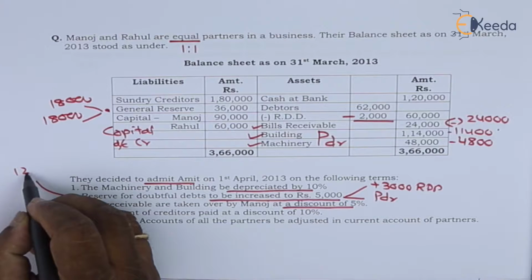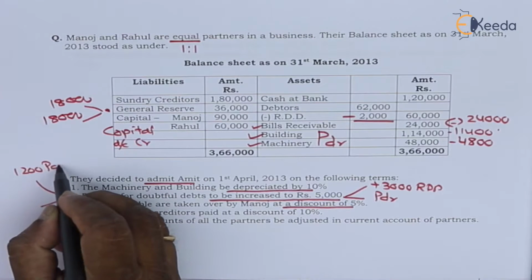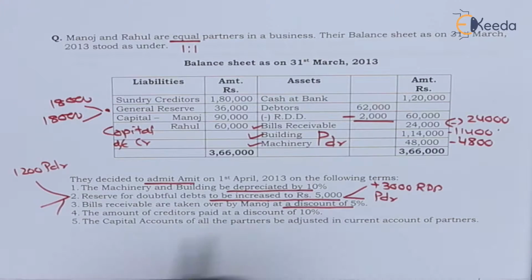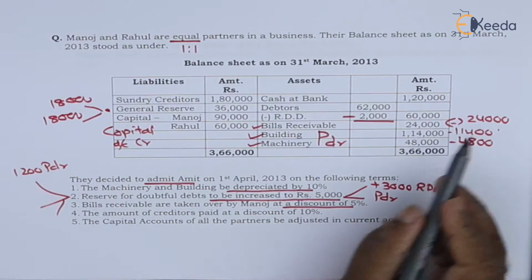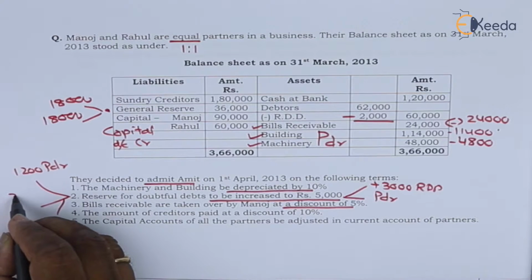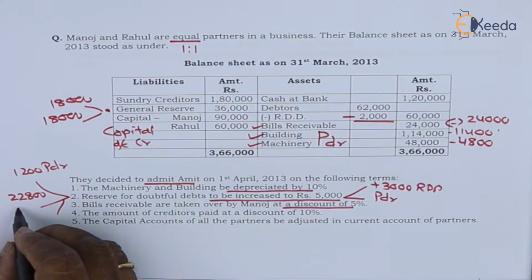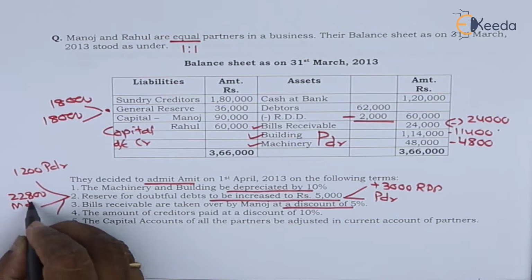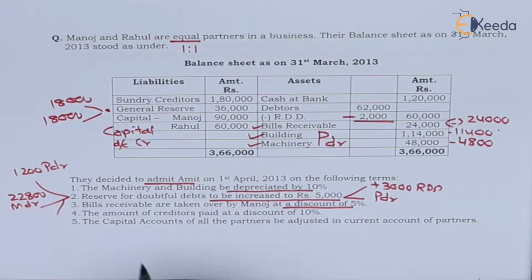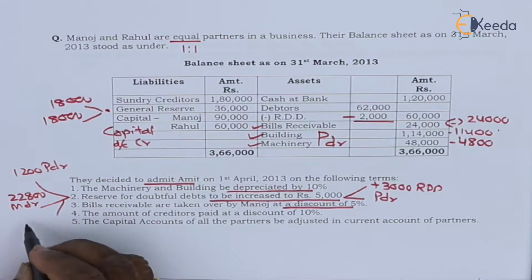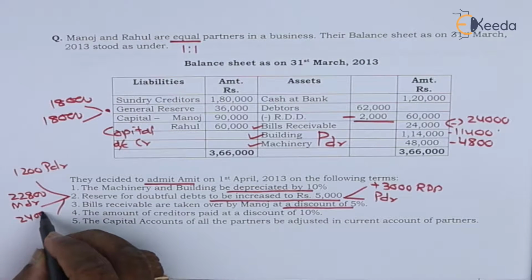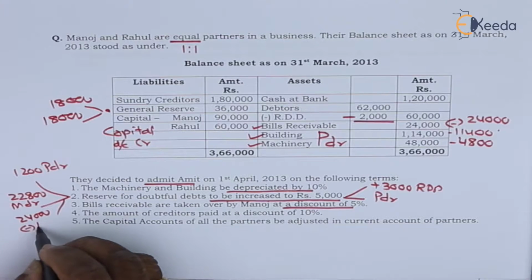This 1,200 will have to be debited to profit and loss adjustment account. 24,000 minus 1,200 is 22,800, for which Manoj's account will be debited. The whole 24,000 will be deducted from assets.